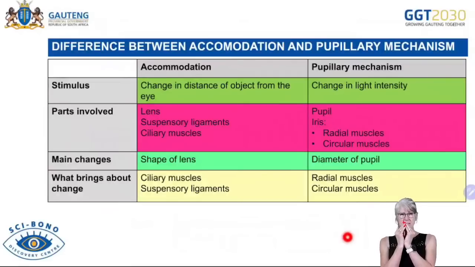The shape of the lens is changed by the ciliary muscle that either contracts or relaxes, and that either pulls on the suspensory ligaments or releases the tension on them, and that brings about the change. Whereas in pupillary mechanism, it's the circular muscle, when it contracts or relaxes, as well as the radial muscle, that brings about the change.